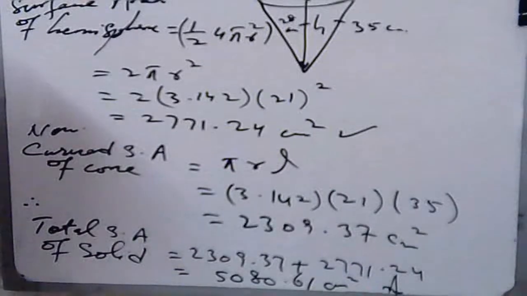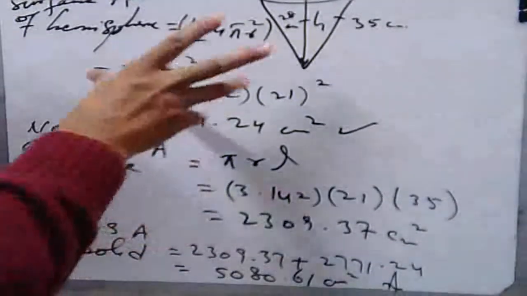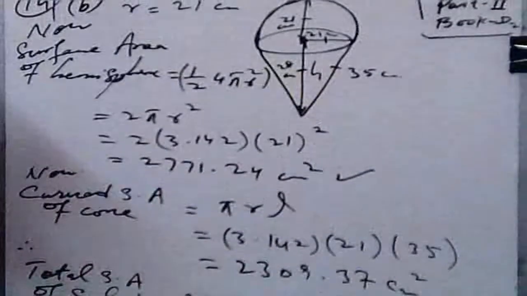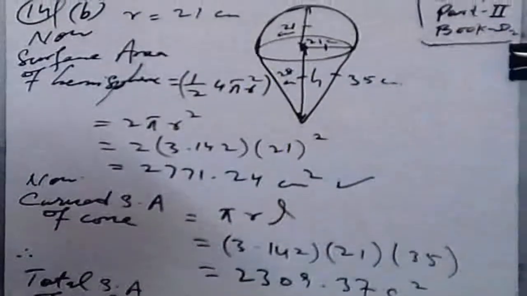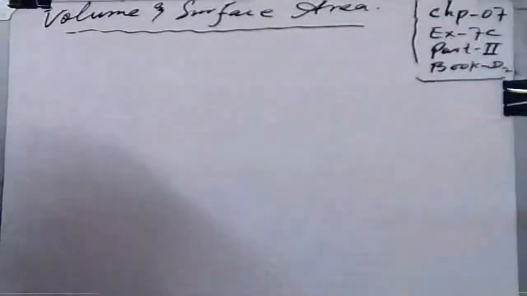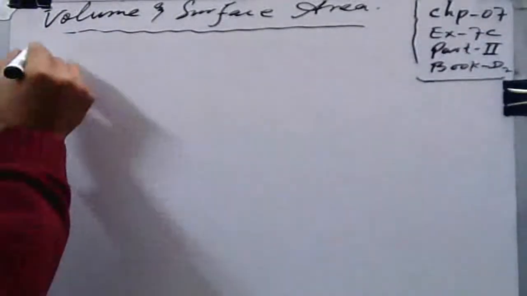In question number 15, we have to find the capacity of a tank. You can see the tank is a cylinder with a hemisphere on top.